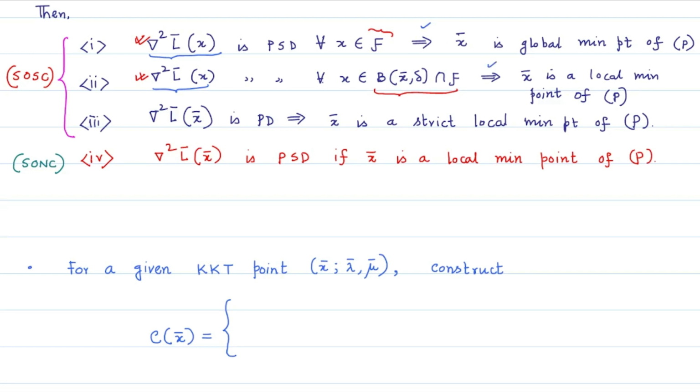And that will greatly reduce our task to identify the definiteness. Instead of this entire region here or here, you just go for identifying definiteness on this cone of directions, and then these two sufficient conditions will hold true.